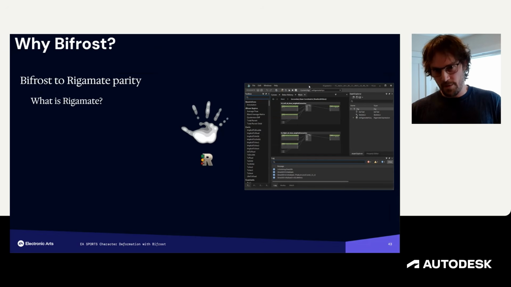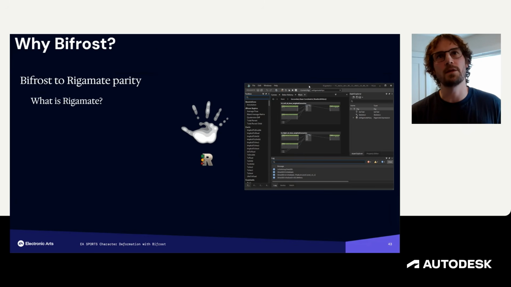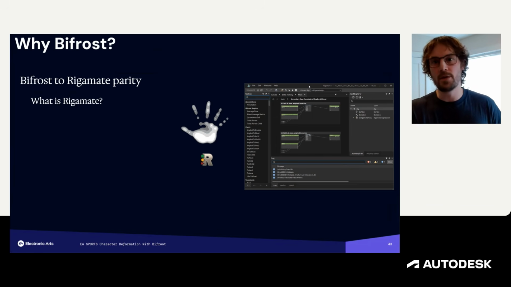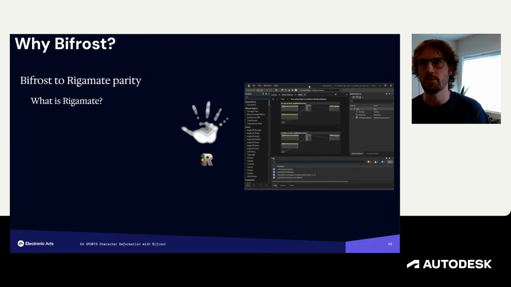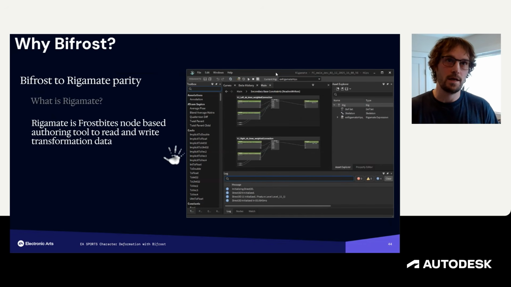So I'll talk about the benefits throughout this whole part, but I do need to go over Bifrost to Rigamate parity. Remember, I'm going to call back way earlier in the slides, when I showed the rig description and then the Sapien going into Maya and then game. This is how we get it into game. We have a tool called Rigamate. It's in Frostbite. So what is it?